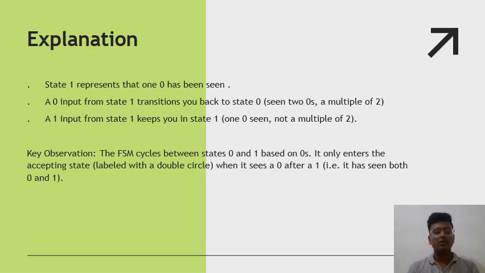A 0 input from state 1 transitions you back to state 0, and a 1 input from state 1 keeps you in state 1, one 0 seen, not a multiple of 2. The key observation is that the finite state machine cycles between state 0 and 1 based on zeros. It only enters the accepting state when it sees a 0 after a 1.